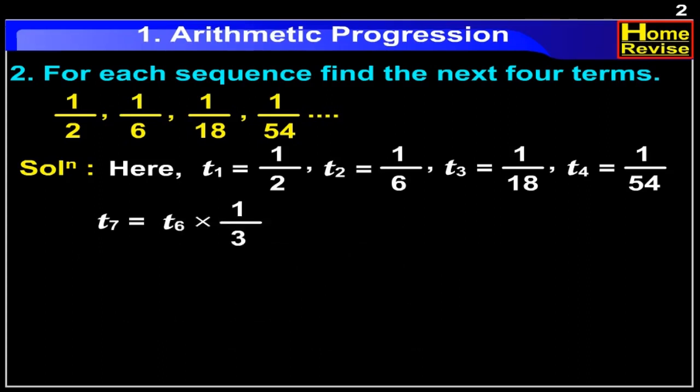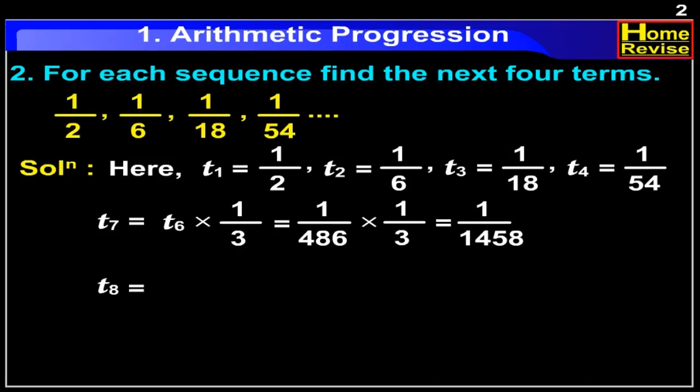T7 is equal to T6 into 1 upon 3 is equal to 1 upon 486 into 1 upon 3, which is equal to 1 upon 1458.